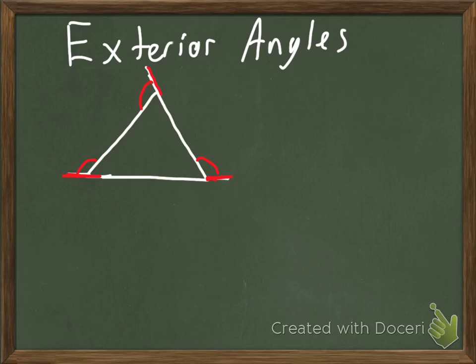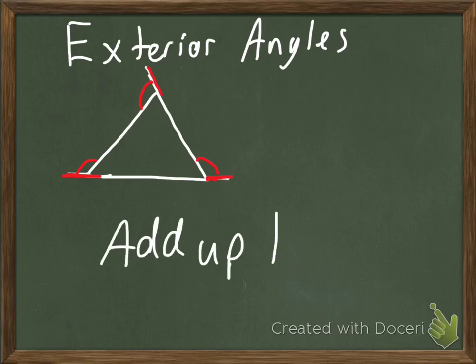What you need to know about the exterior angles is that as long as each exterior angle is extended in the same way, they all add up to 360 degrees. So all the exterior angles will add up to 360.